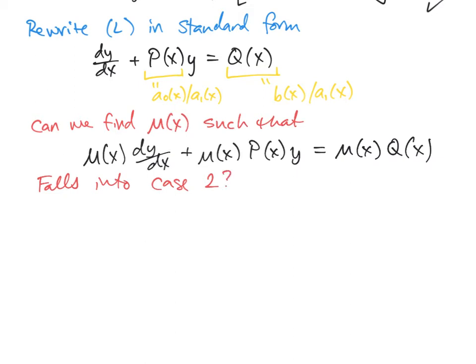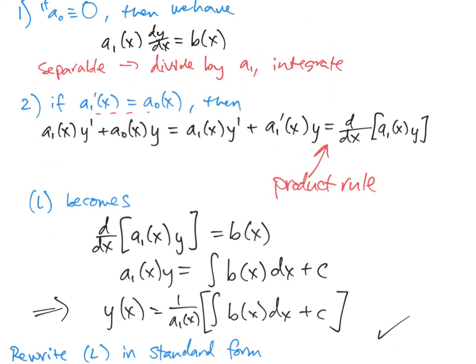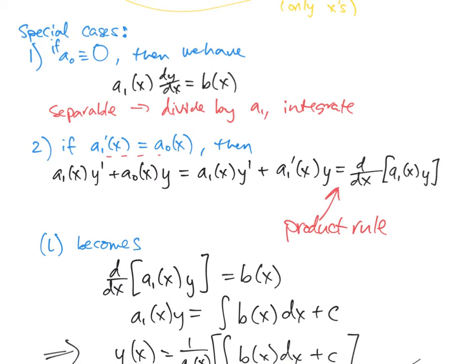So what we would need, remember, let's run back and see it, we had that the derivative of the coefficient in front of the first derivative equals the coefficient in front of y.